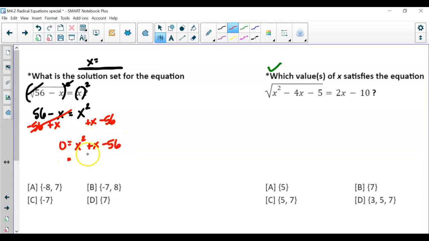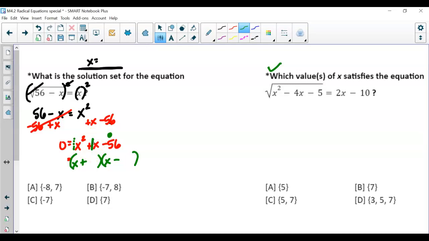Now notice we are solving by factoring, right? Because the x squared is here by itself with that coefficient of 1. So now numbers that multiply to get negative 56, so different signs, and add to get positive 1. So notice, use the answer choices as a guide.